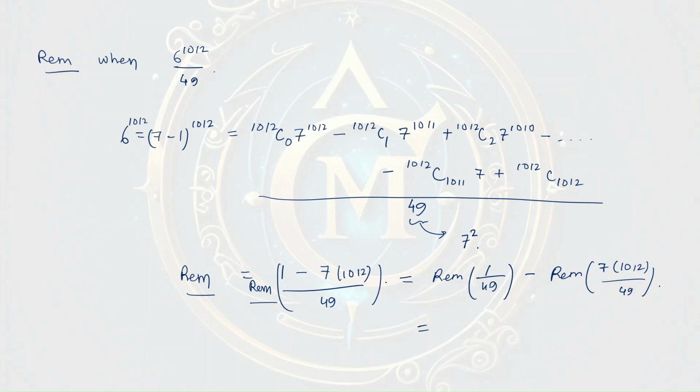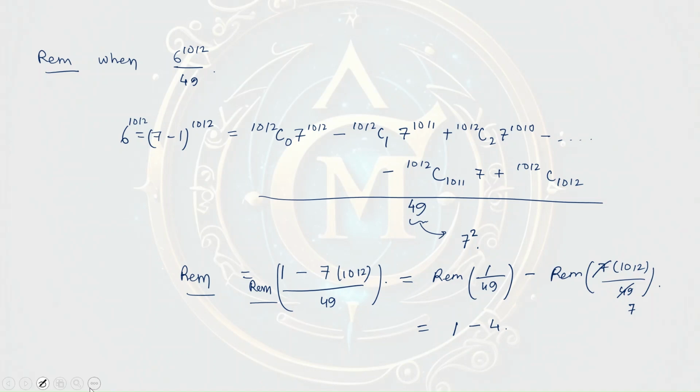Now 49 divides 1 with remainder 1, and in the other term we can cancel the 7 here. When 1012 is divided by 7, it will leave a remainder of 4.